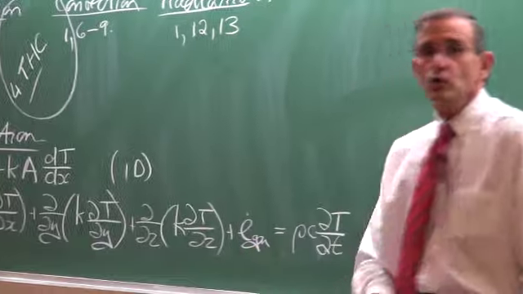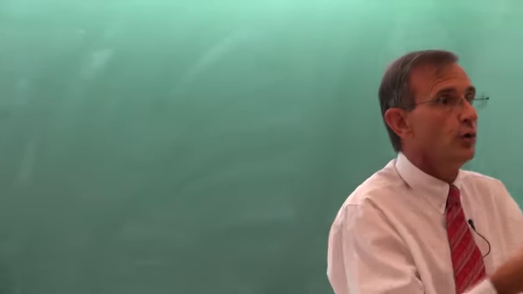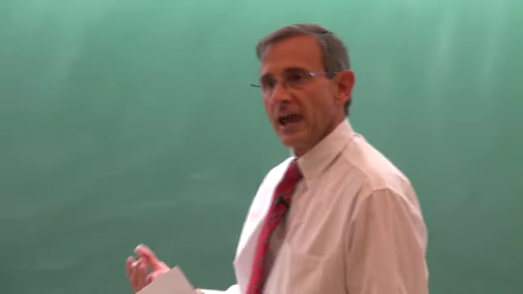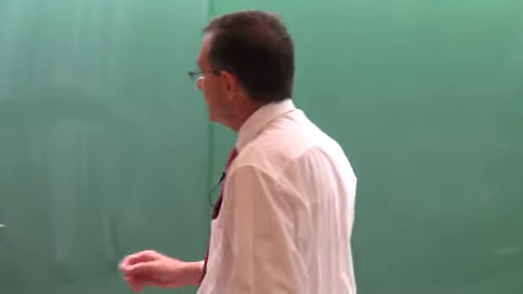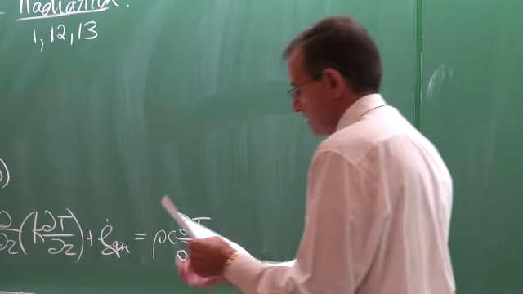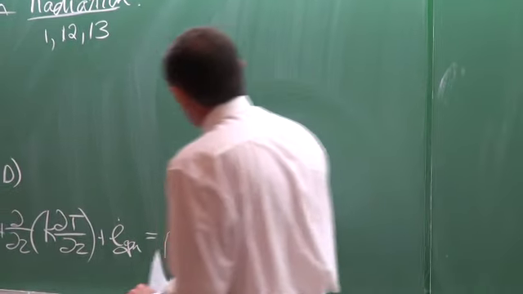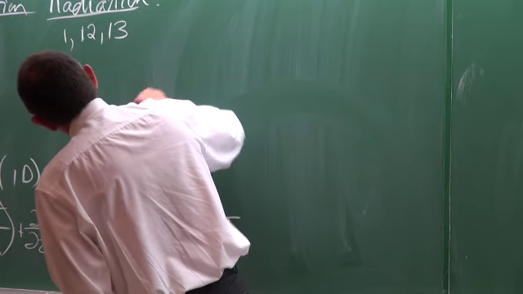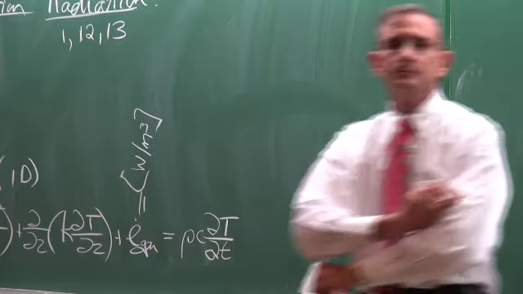E gen would be energy which is being generated inside the medium. It might be an electrical resistance element where we put in some watts, or it might be a nuclear reaction or a chemical reaction. Okay, so this is heat which is being generated on the inside, and the units of that thing, if you don't remember, is watts per square meter.